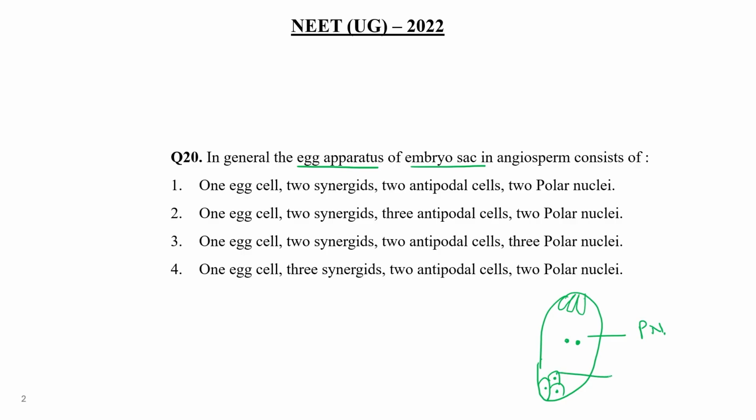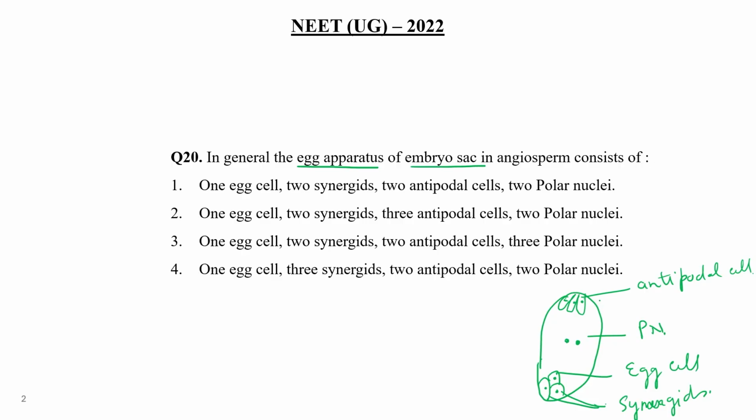This is the egg cell. And these two are synergids. While these three, 1, 2, 3, are antipodal cells. This is the structure of the embryo sac, right? Egg apparatus of the embryo sac.